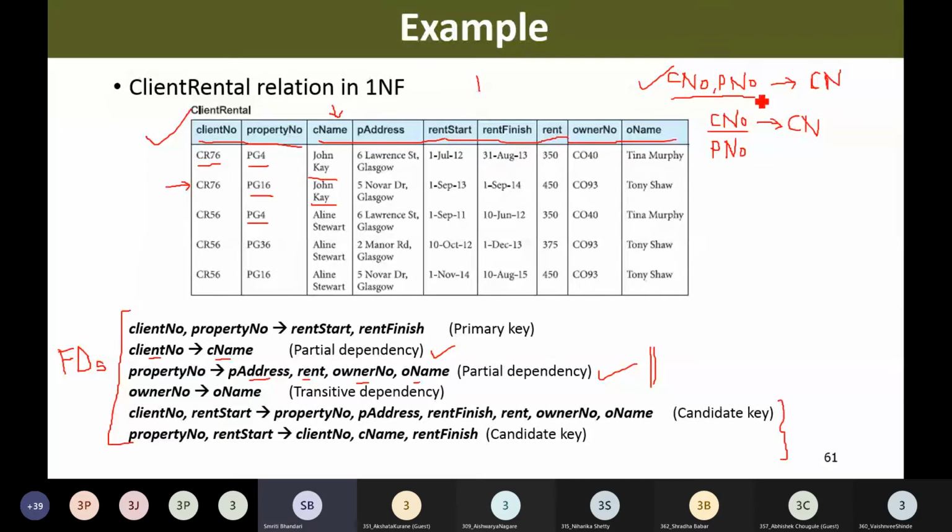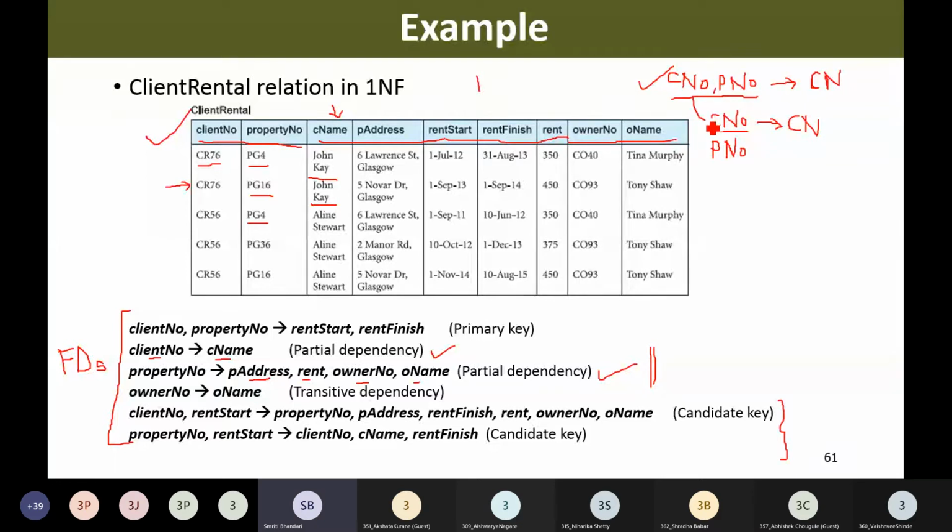But what I'm saying is, if I look at the left-hand side of this functional dependency, it comprises more than one attribute. So obviously, I may come up with a proper subset of this left-hand side.